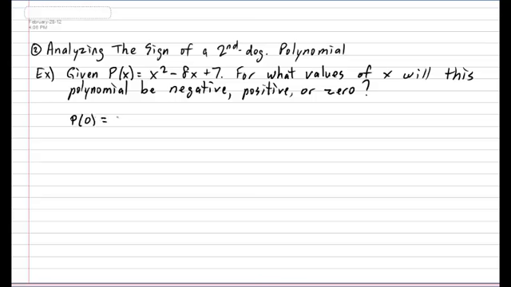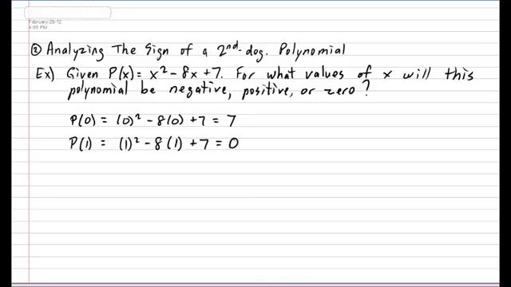Well, let's plug it in. 0 squared minus 8 times 0 plus 7, if you did it correctly, should give you 7. Okay, so far so good. Let's keep going. How about we calculate the value of p when x is 1? Alright, let's see what happens. 1 squared minus 8 times 1 plus 7, and that gives 0.